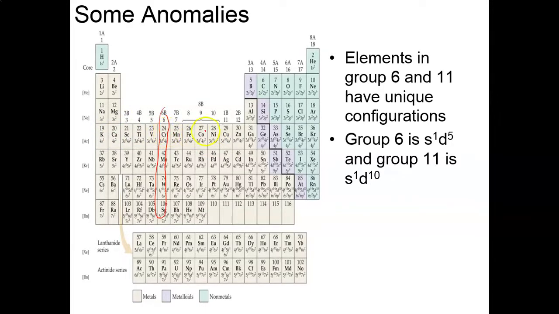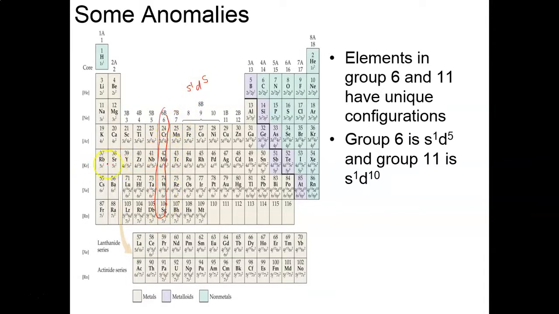The reason is that it's more stable for a subshell to be half filled than partially filled. So in this situation, you're going to get s1, d5. You're half filling both of these. That's more stable than doing s2 and d4. So everything in this group is going to follow this rule. It's going to be s1, d5 ascending.